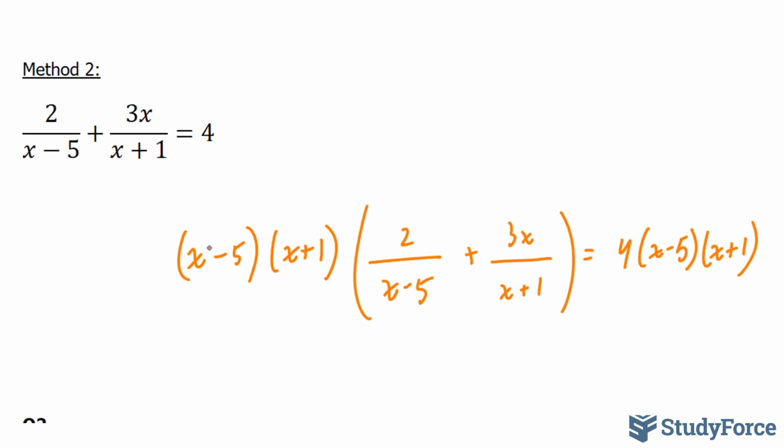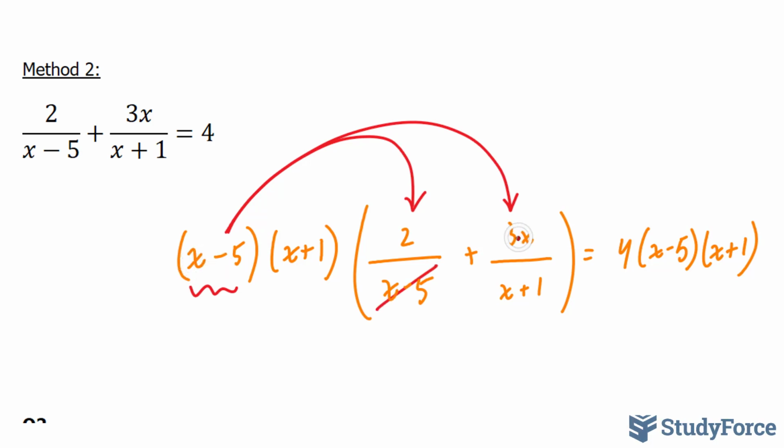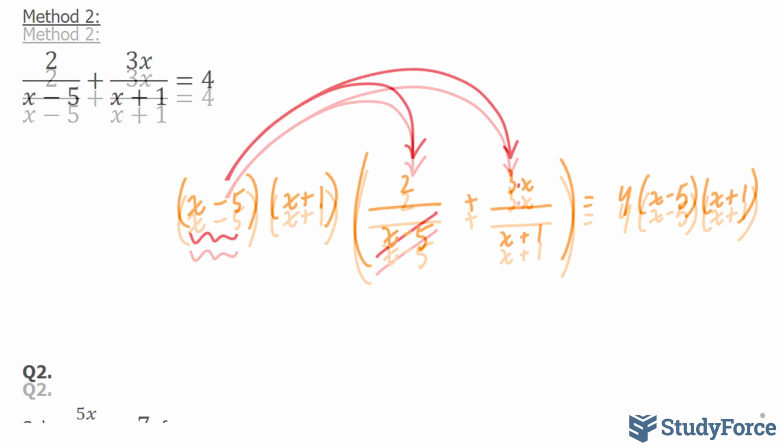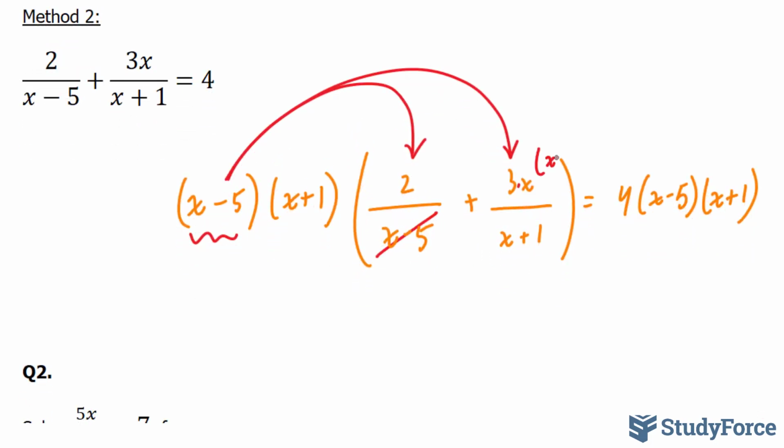Now, if I multiply this term with this and this, what happens is this x minus 5 cancels out with this, and x minus 5 combines with 3x. So you end up with an x minus 5 up here. And similarly, if I multiply this by both of these terms to its right, this 2 ends up having an x plus 1 beside it.